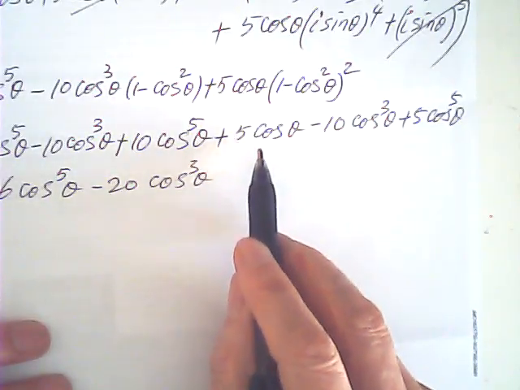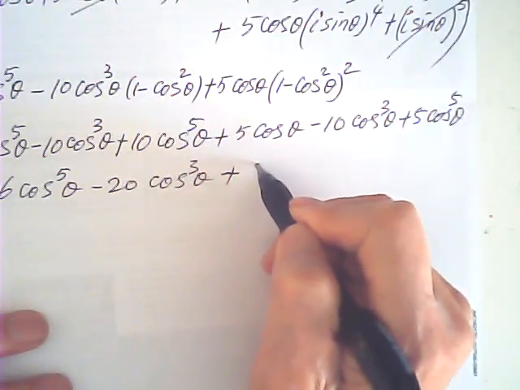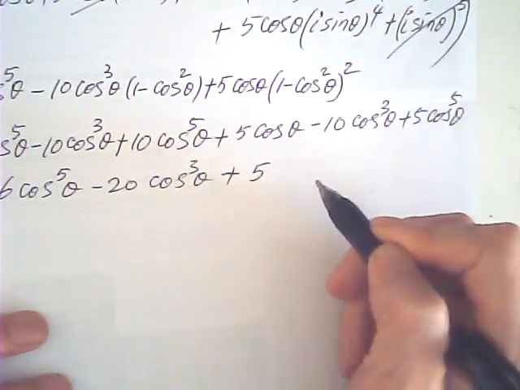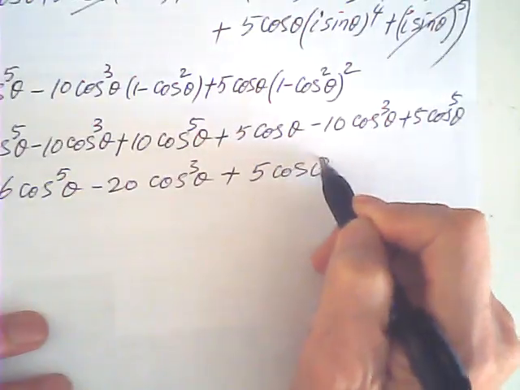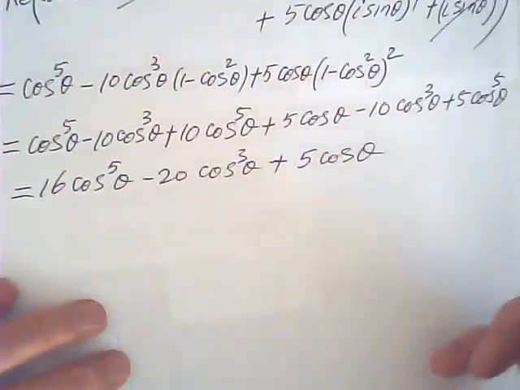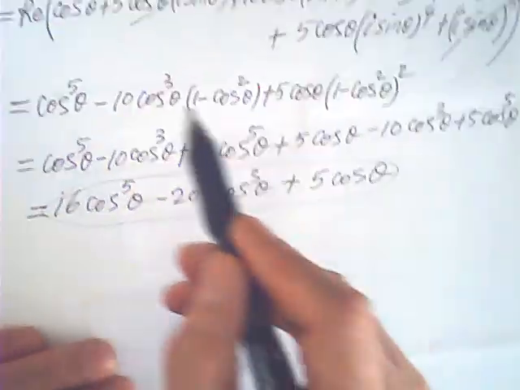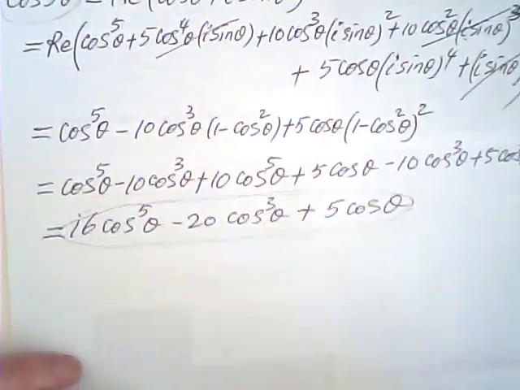And left of 5, plus 5, right? Cosine. Good. So that means this one is equal to this.